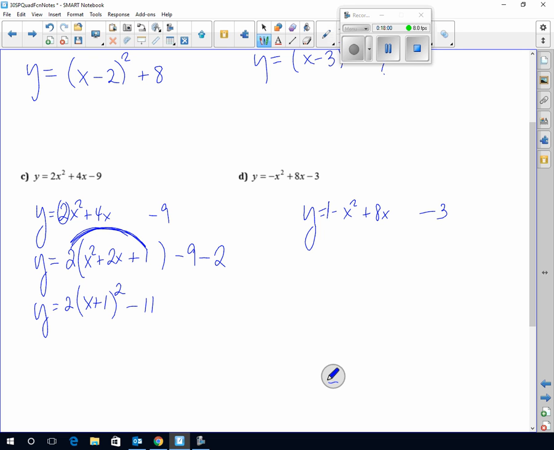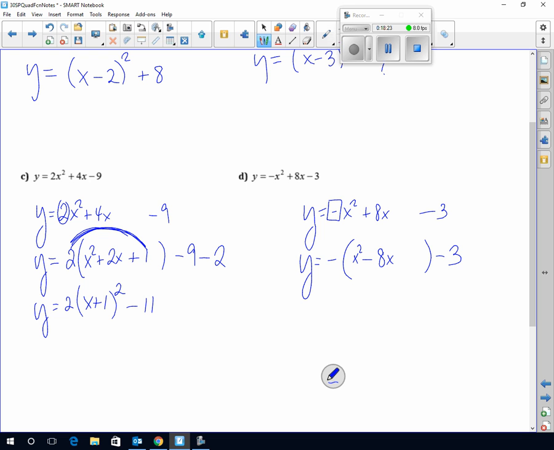So negative bracket, we get x squared. What does the 8x become? It is negative 8x now. Well, watch. If I multiply this out, I have to get a positive 8x. So a negative times a negative 8x gives me positive 8x, right?